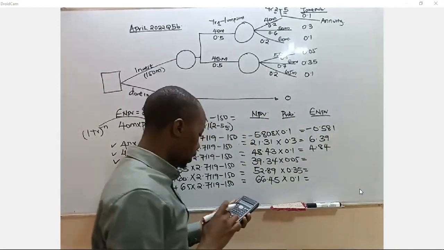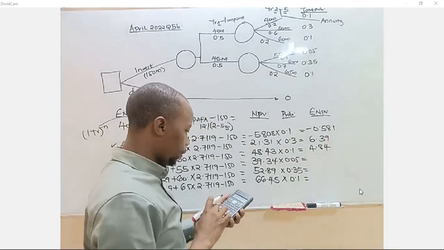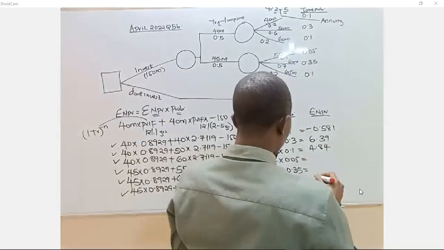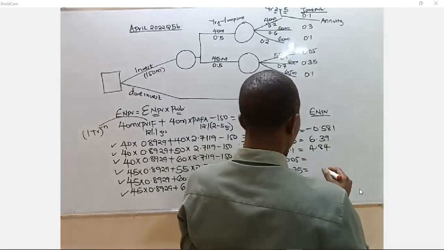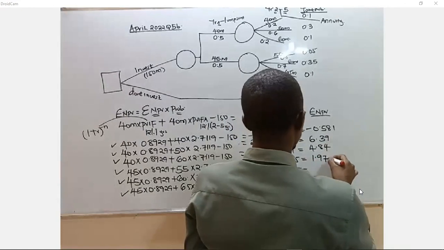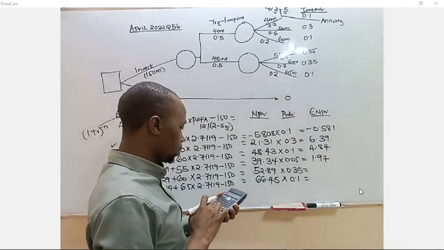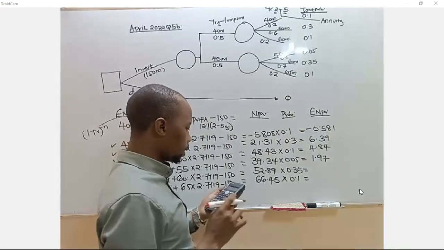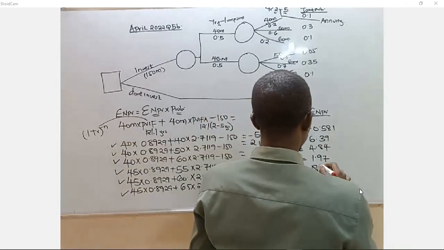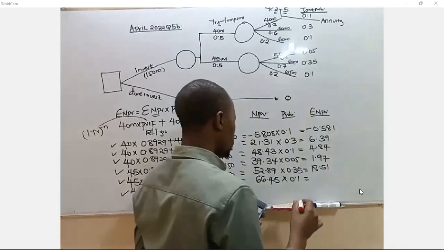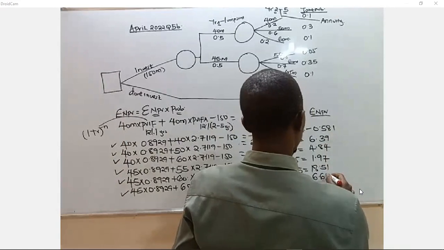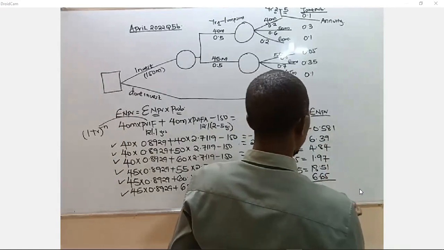The other one will be 39.34 times 0.05, getting 1.97. Then the other one will be 52.89 multiplied by 0.35, getting 18.51. Then the last one will be 6.65. So what is the total here?